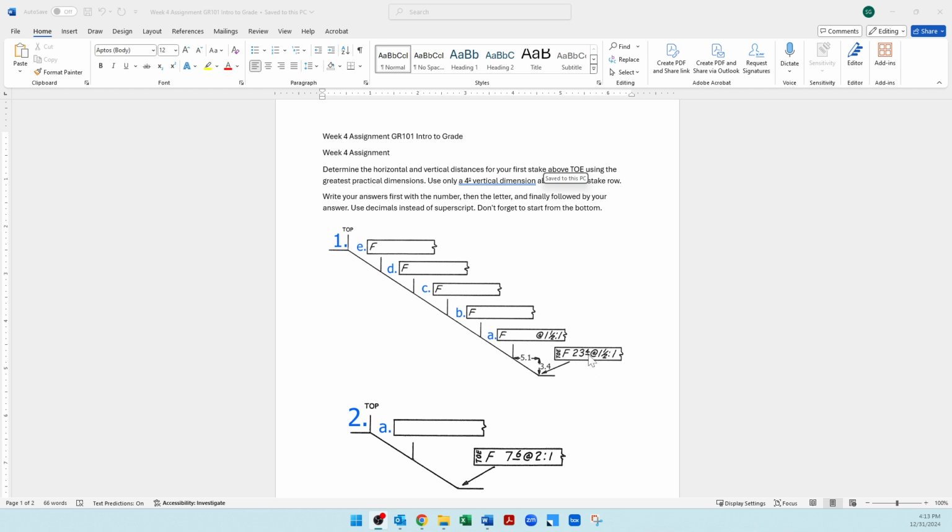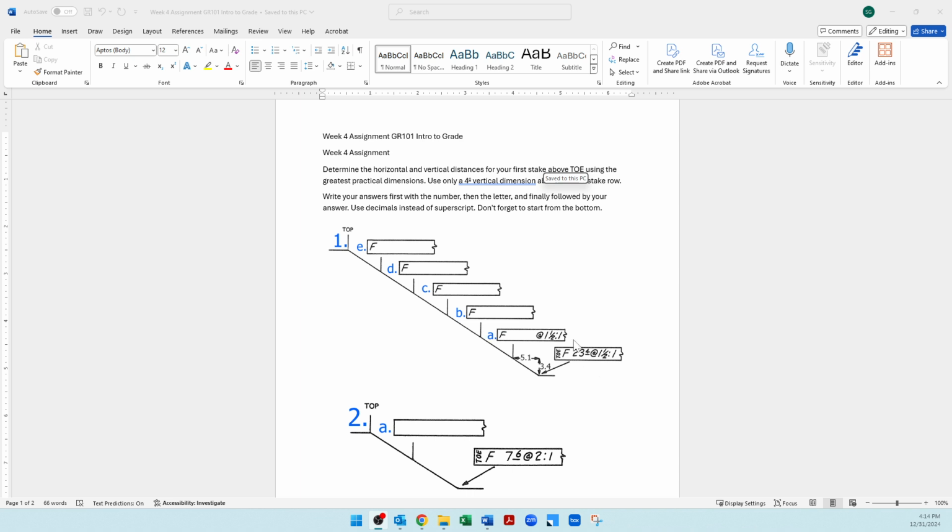So remember that rule I said: to determine your first stake above toe, you take the highest multiple of 4 that can be subtracted from the total fill. The total fill is 23.4 feet. That's from here to here. So that's an oddball.